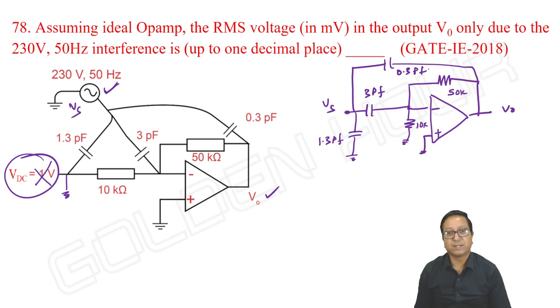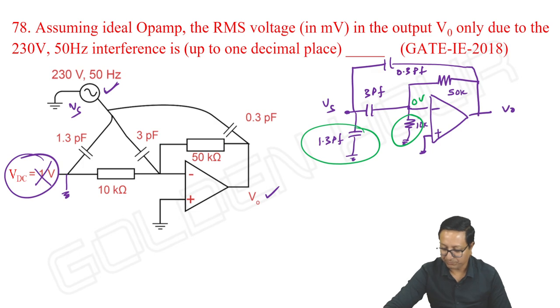This is how the circuit is once you remove the DC source. Now what we can do further, this does not play any role, and due to virtual short it is 0 volts. This 10K also does not play any role. What is our equivalent circuit further? We are left with 10K, 3 picofarad and 0.3 picofarad.